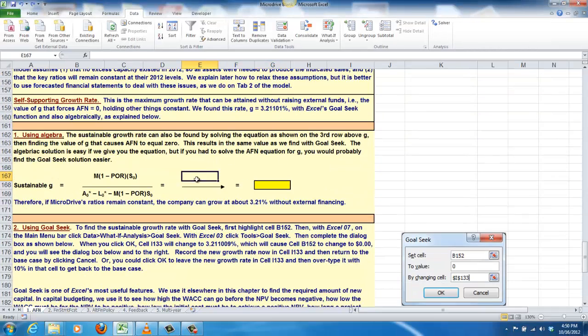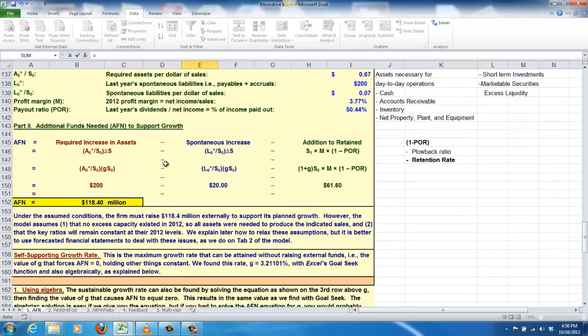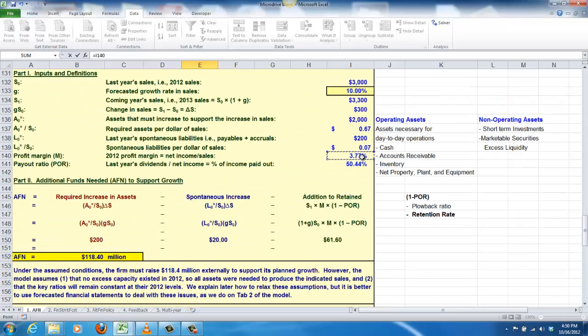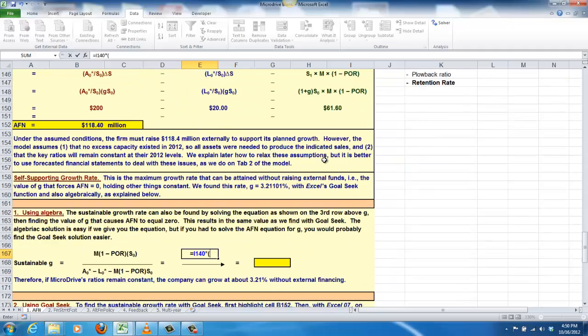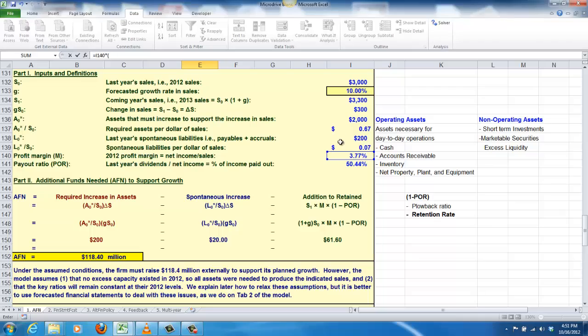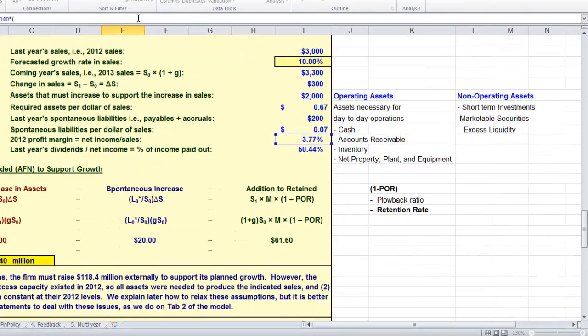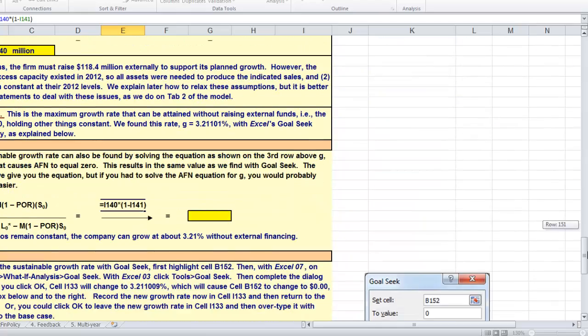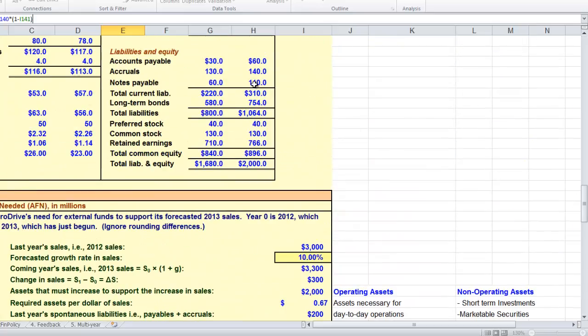The other way to calculate this is using this formula here, which is the profit margin multiplied by 1 minus payout ratio multiplied by last year's sales.